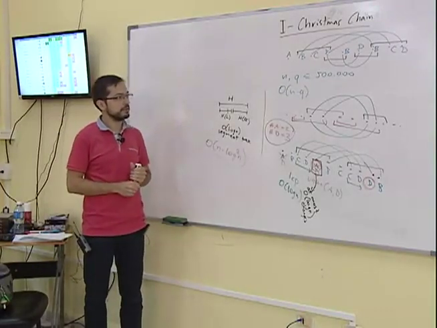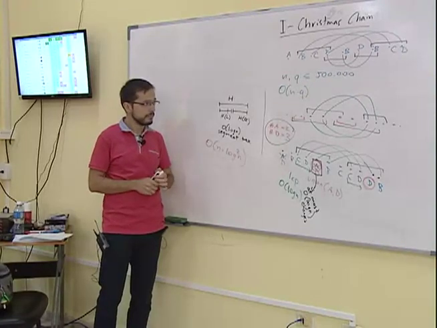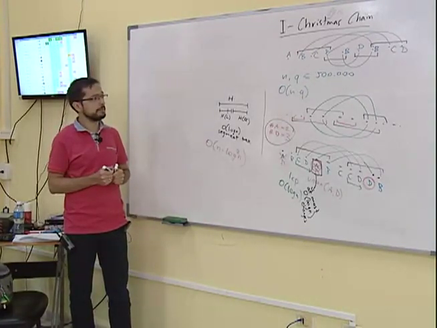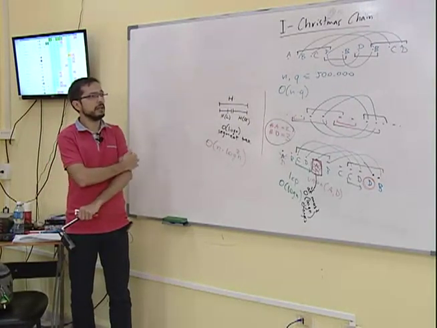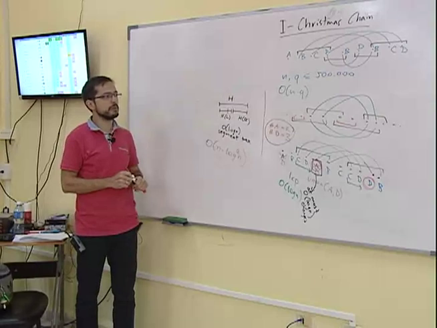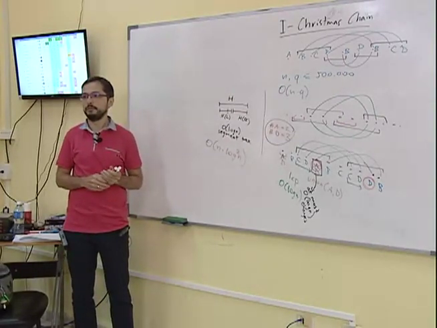And actually here we also can use this kind of trick. The idea is that we can first convert every requirement into a requirement which has length being a power of 2.